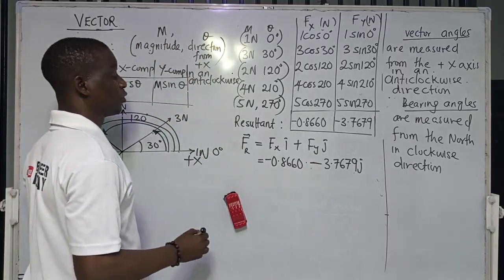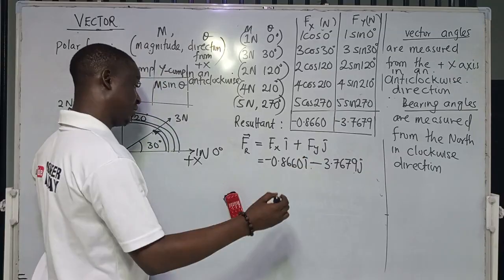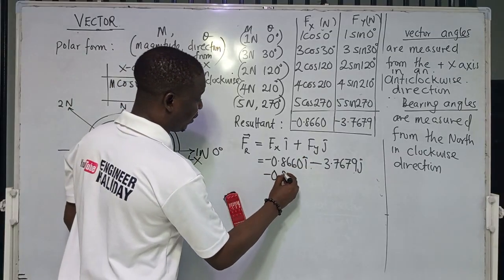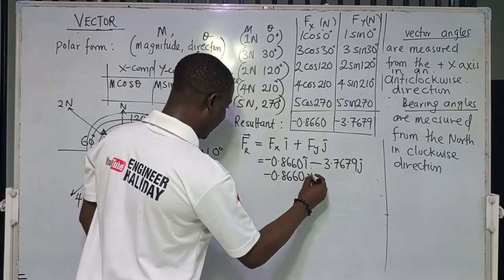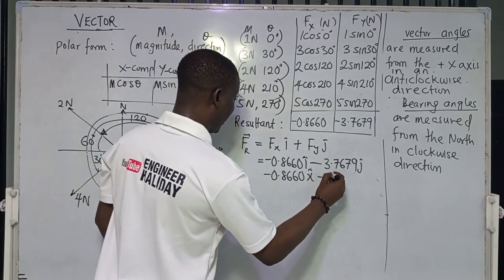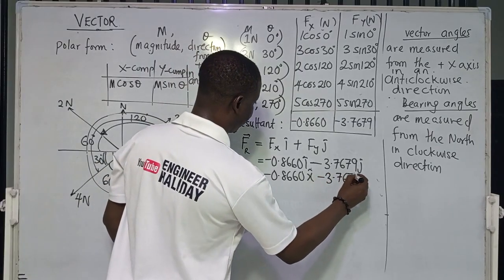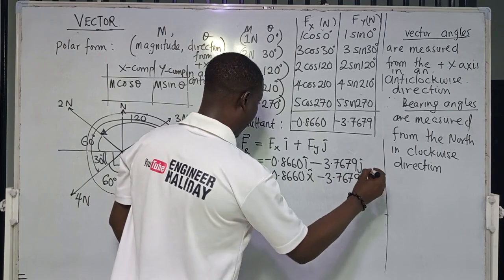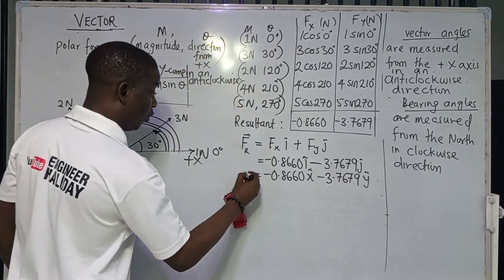This is the answer in vector form. This is i or j. We can see that as minus 0.8660 x cap. That cap there is already unit vector. Minus 3.7679 y cap.